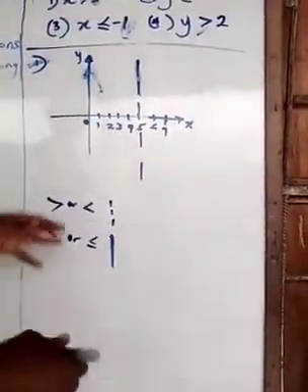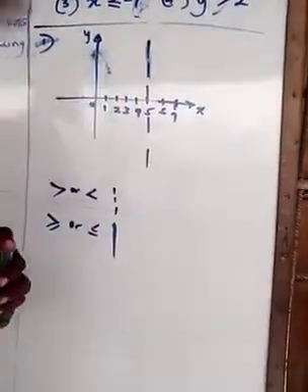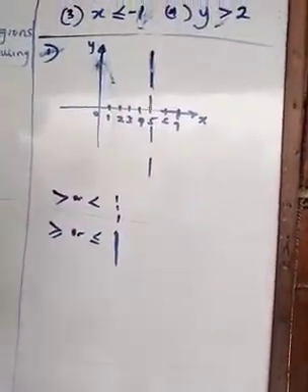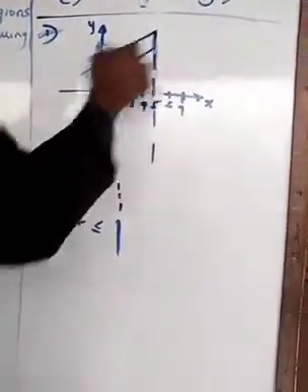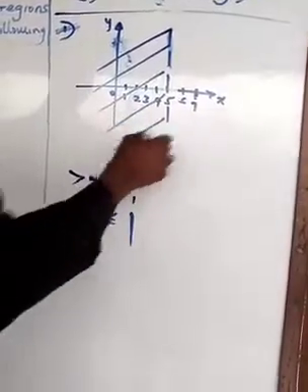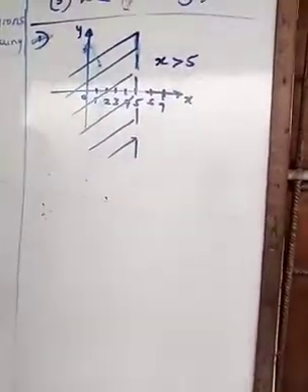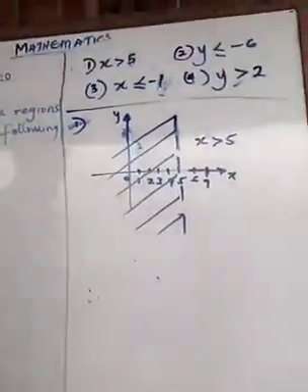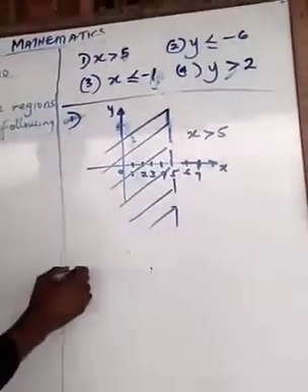So what you do in this type of graphical representation is that you shade the part that cannot be equal to x. So the part that cannot be equal to x is this part. So that means the solution is somewhere here. That's x greater than 5. Please, this knowledge, as basic as it is, is very, very important.